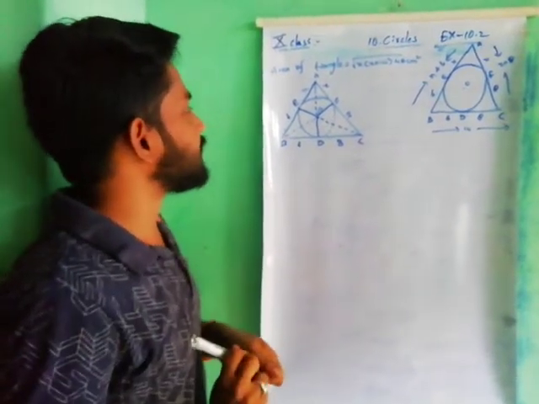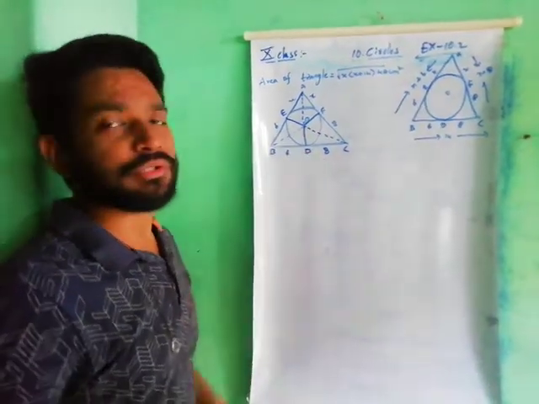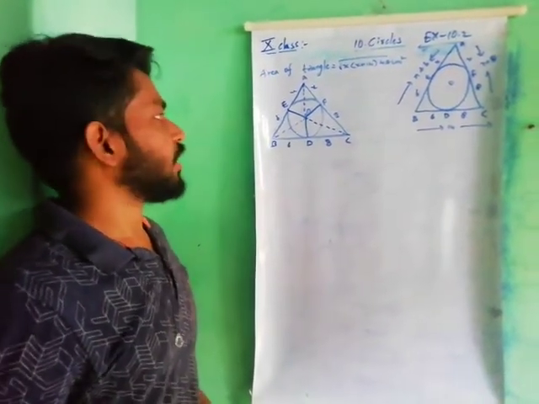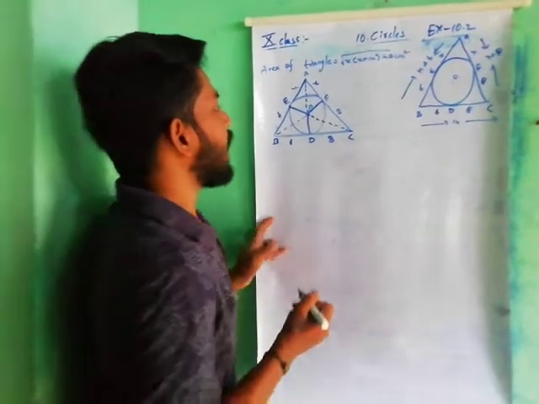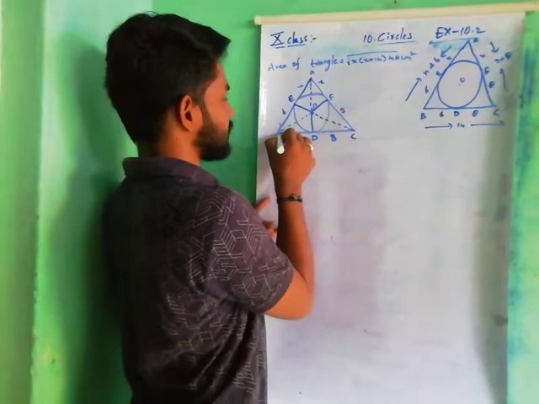Coming to the second figure, I am joining the points of contact and also joining the corners to the center. Now what I want to do is find the areas of three triangles. What are those triangles?